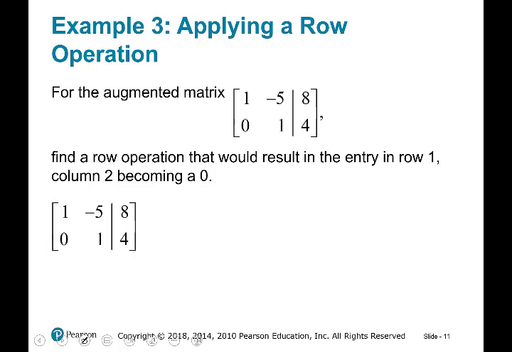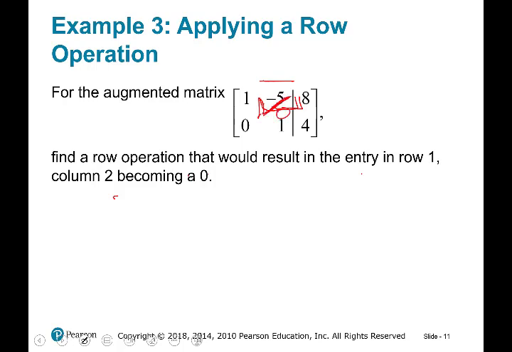Okay. So it says here, for the augmented matrix, find a row operation that will result in the entry in row 1, column 2, this one right here, to become a 0. Right, so basically what we want is this value to become a 0.